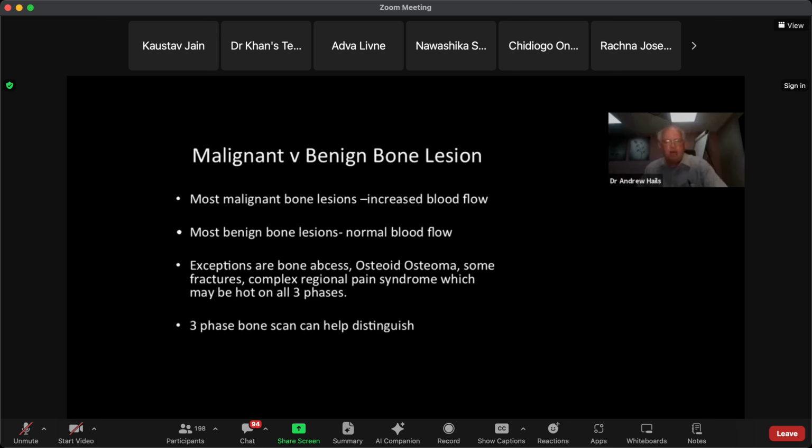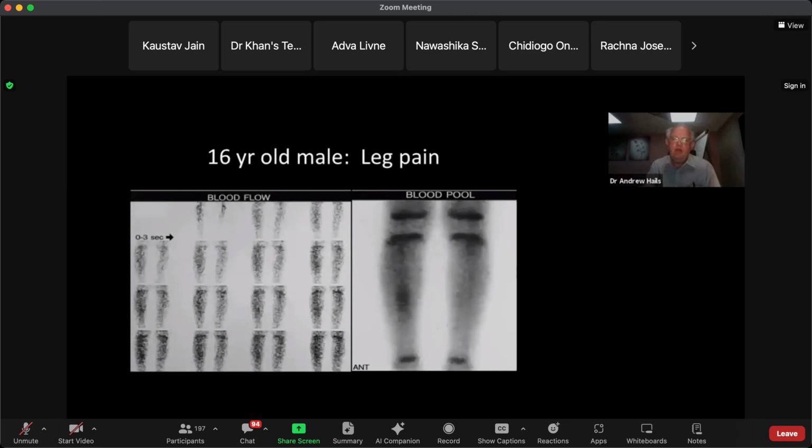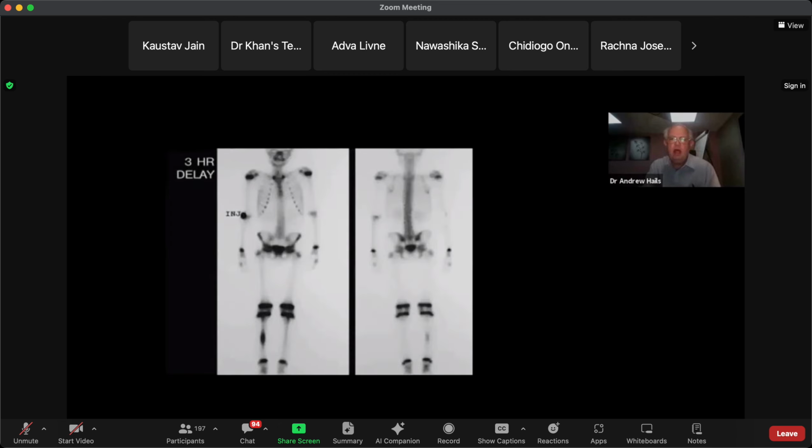Osteoid osteoma has increased uptake on blood flow, blood pool, and the delayed bone phase images, as does complex regional pain syndrome. It may be hot on all three phases. So, here we have blood flow, blood pool, and delayed bone phase images.